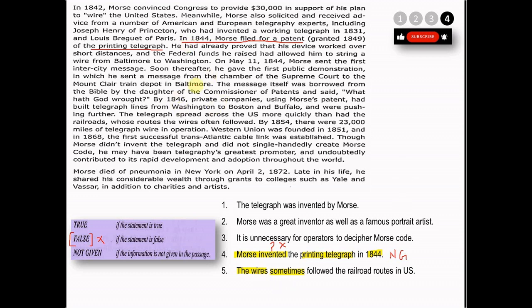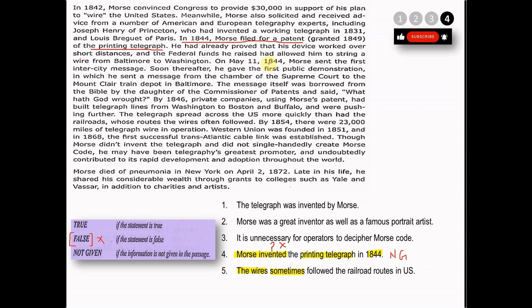If we find that they sometimes follow, it would be true, and if it is often, it would be false, and I'll let you know the reason. Sometimes stands for less than 50%, often stands for more than 50%, always means 100%, and never means not at all. He had already proved that his device worked over short distances, and the federal funds he raised had allowed him to string a wire from Baltimore to Washington.